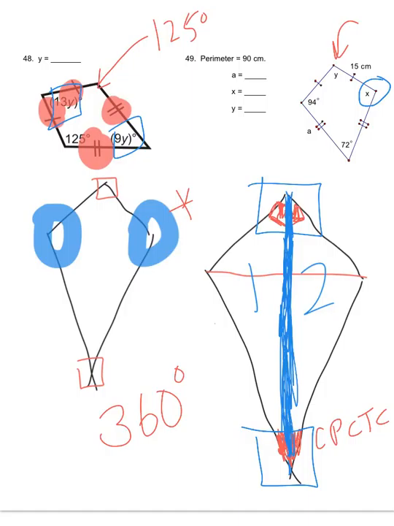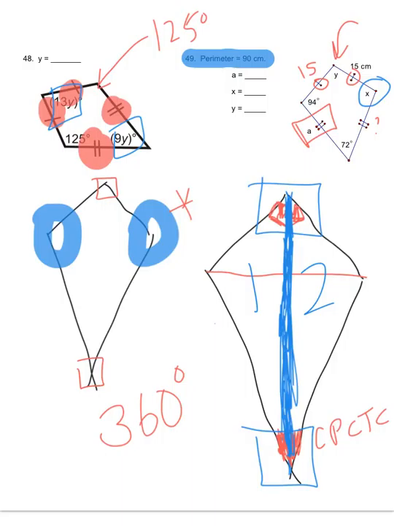Last thing they ask about that I see is this side length A over here. Boy, if we knew this one, that would be an easy answer, but we do not. The only other thing we could add is that this side up top here must be 15. But the other information they give you that some kids might miss is the fact that the perimeter is 90.